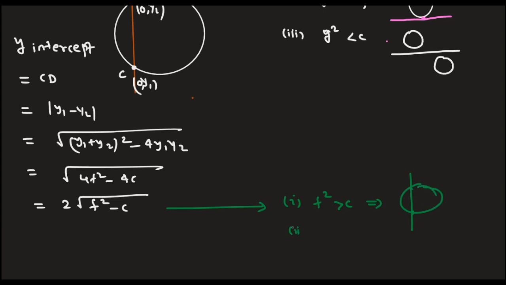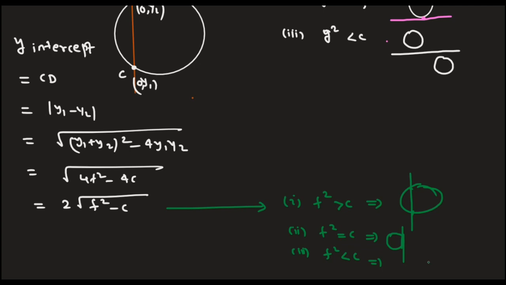Now if f square is equal to c, then in that situation, suppose this is a circle and this is the y-axis, that means the circle is touching the y-axis. Now what will happen if f square minus c is less than 0, that means f square less than c.